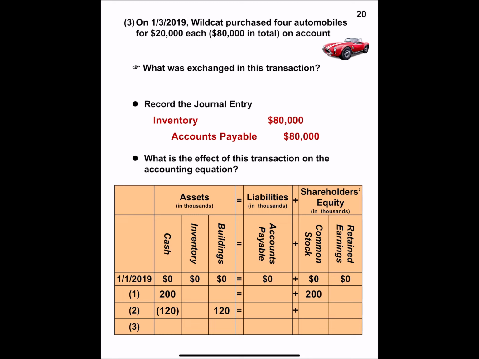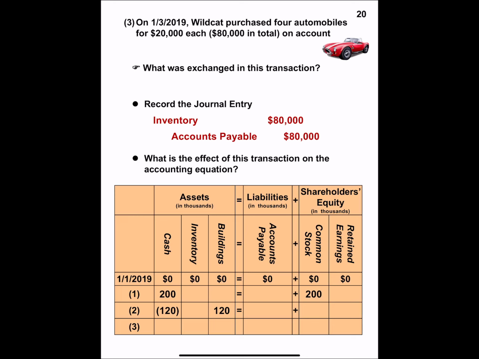Okay. It might be worth briefly talking about the difference between a notes payable and accounts payable. They're the 2 liabilities that we've seen so far. Notes payable, we're going to basically reserve for when we borrow money from a bank. That creates a note payable. An account payable, on the other hand, is when we owe money to a vendor. And in this course, those vendors will be our suppliers that we're buying our inventory from.